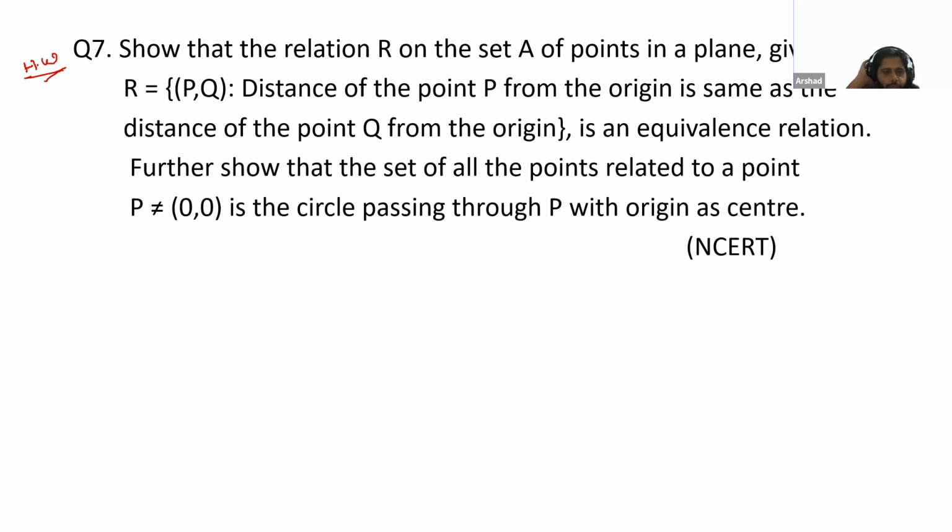Yes, we will do it, but in the backup classes. In the regular one, we are doing relation function. After that, we will start inverse. But for example, 30 minutes earlier, the new students will join and we will do matrices for 30 minutes. After that, again, we will continue the same chapter.